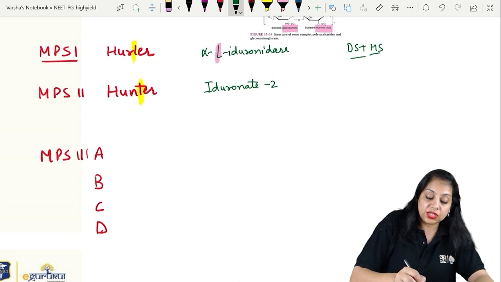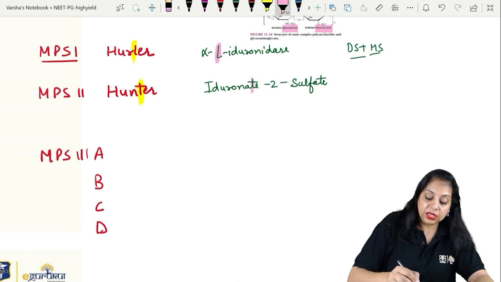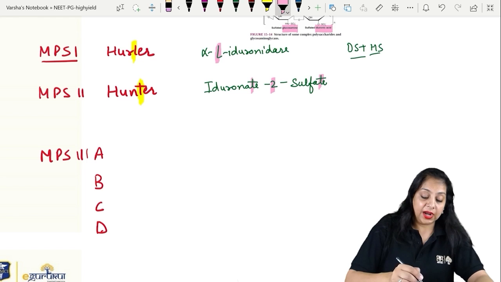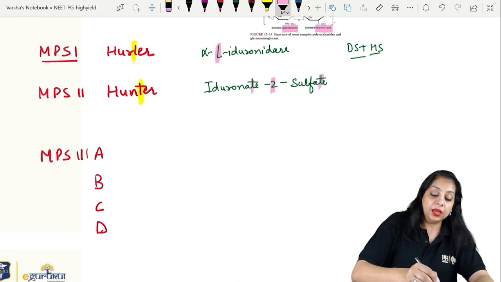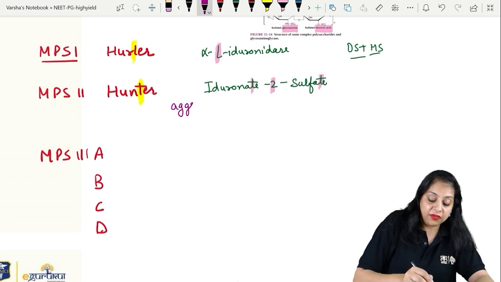Iduronate 2-sulfatase, that is the Hunter. Name Hunter means the person will have aggressive behavior.